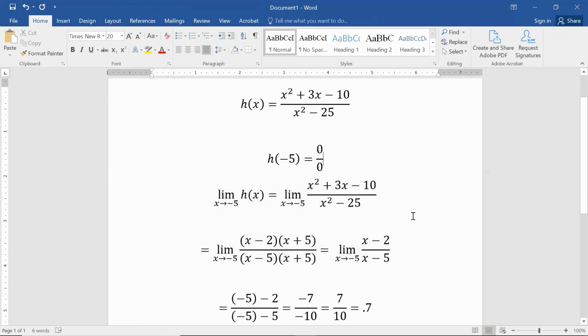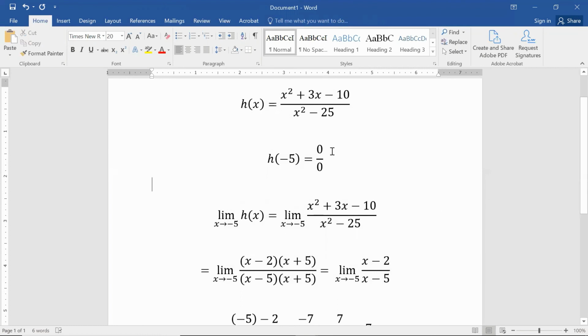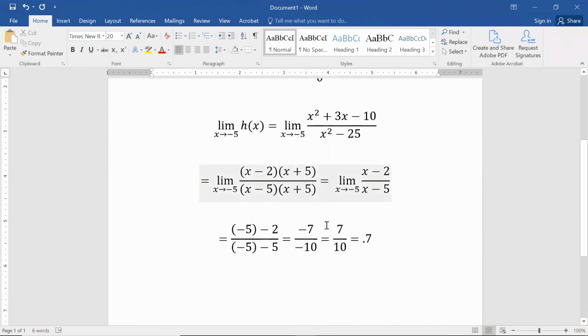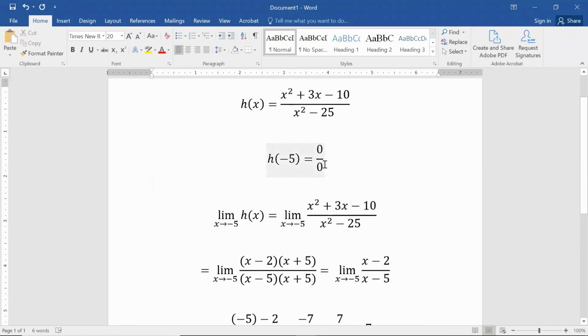So that type of indeterminate form is kind of a signal in rational functions that you can do this process. It's not a guarantee, but usually you can do this process if we have the 0/0 indeterminate form with a rational function.